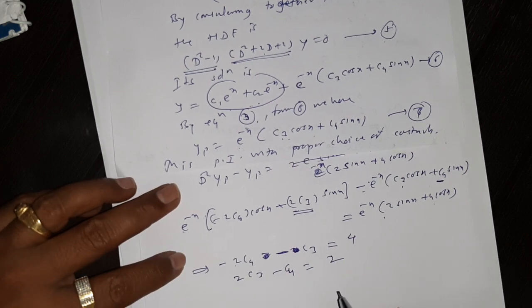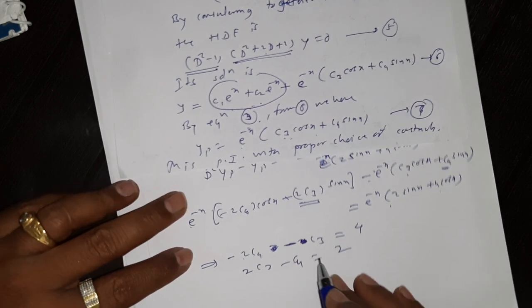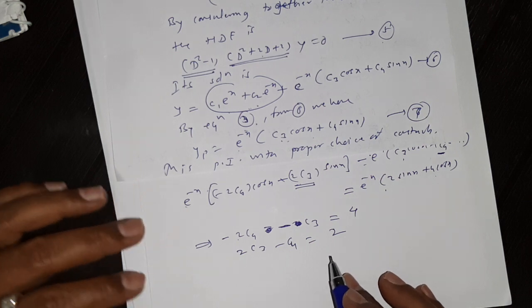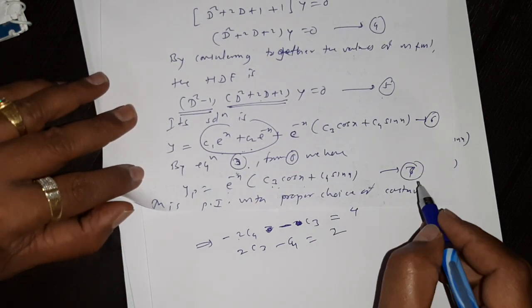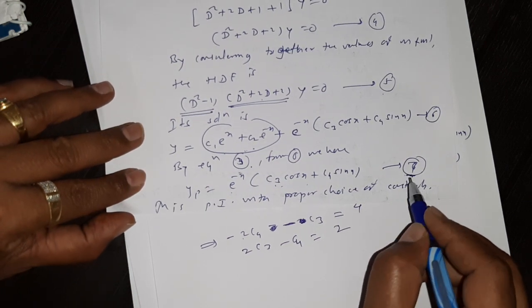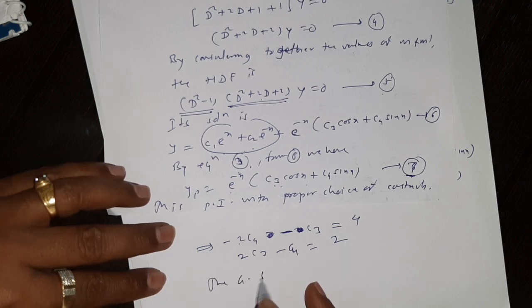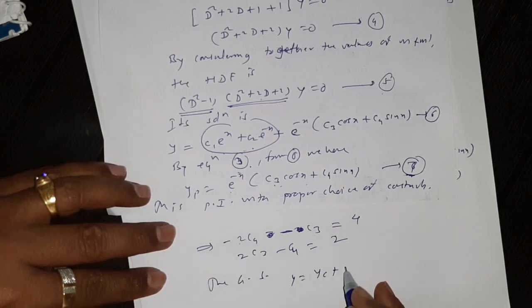Solve these two equations together, find the values of c3 and c4 and substitute these values in equation number 7. We get the particular integral, and then the general solution is y is equal to yc plus yp.